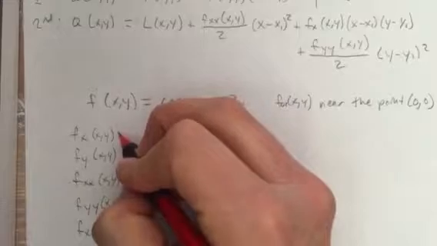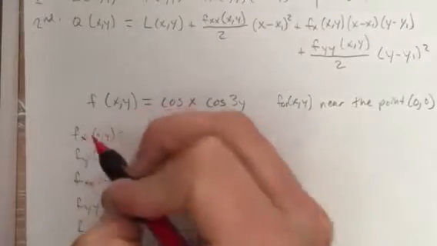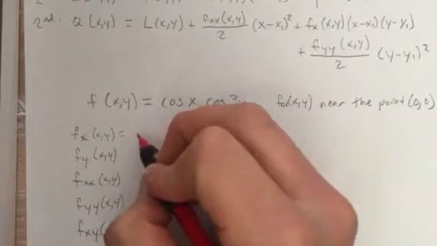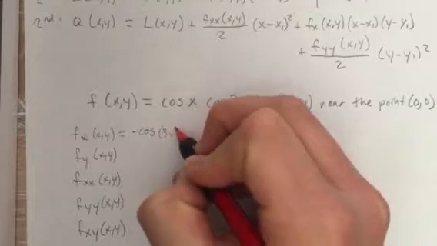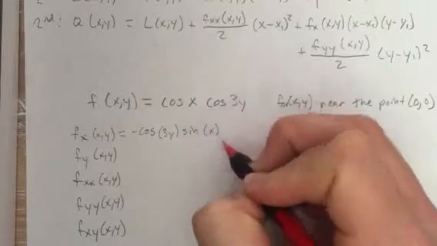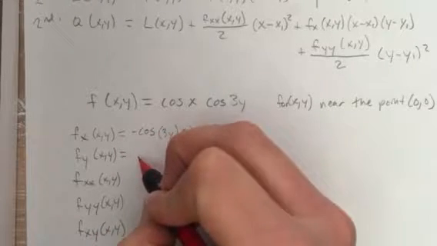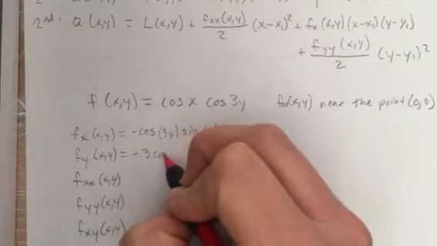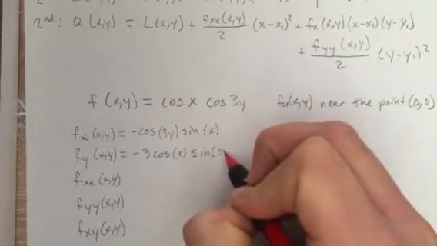Alright, if we take the partial derivative of this function with respect to x, we get negative cosine of 3y times the sine of x. For f_y, we get negative 3 cosine of x sine of 3y.